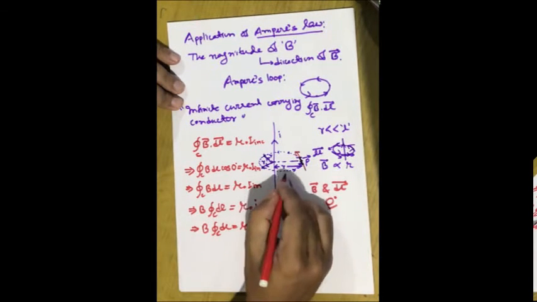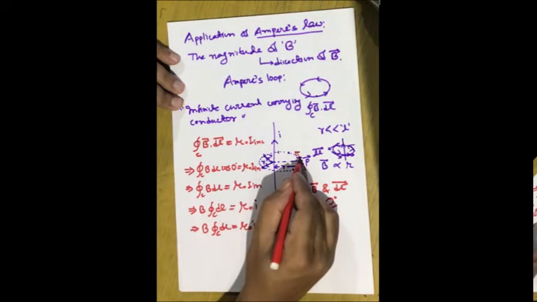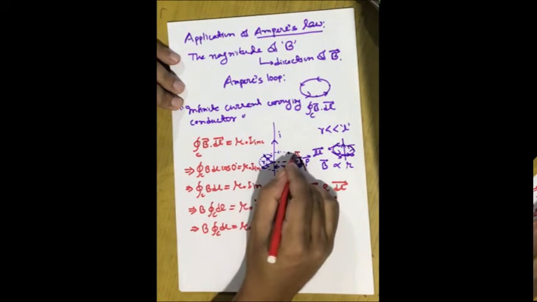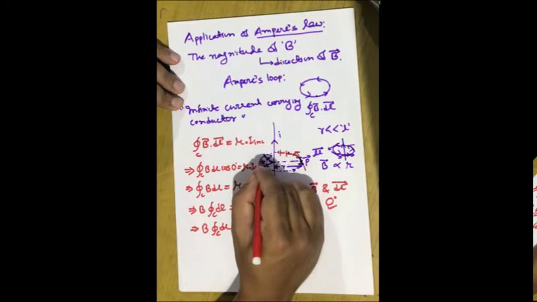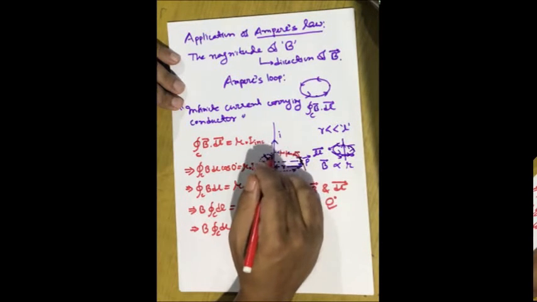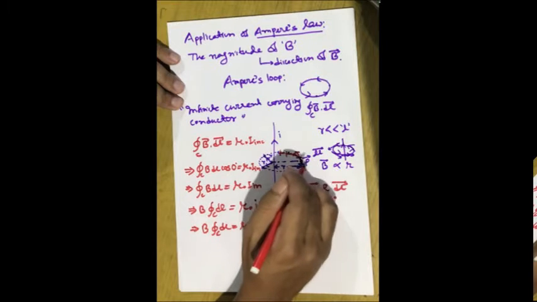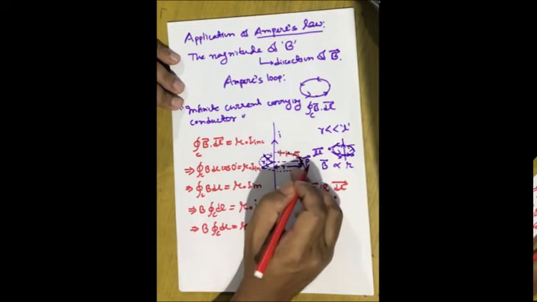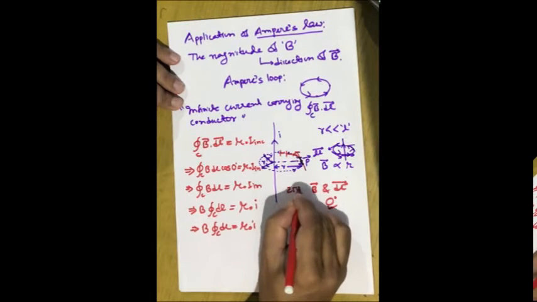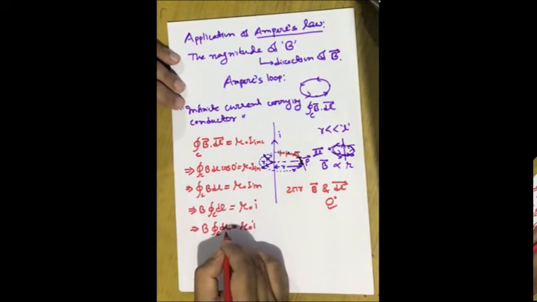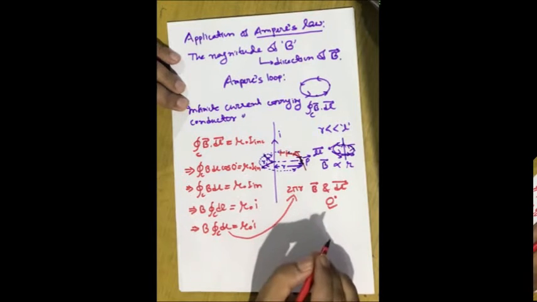Now the closed line integration of dl means we have to add up all those small elements dl. If we add up everything here, we get nothing but the circumference of the Ampere's loop. The Ampere's loop has radius small r, therefore the circumference will be equal to twice pi r. So the line integration of dl is twice pi r.